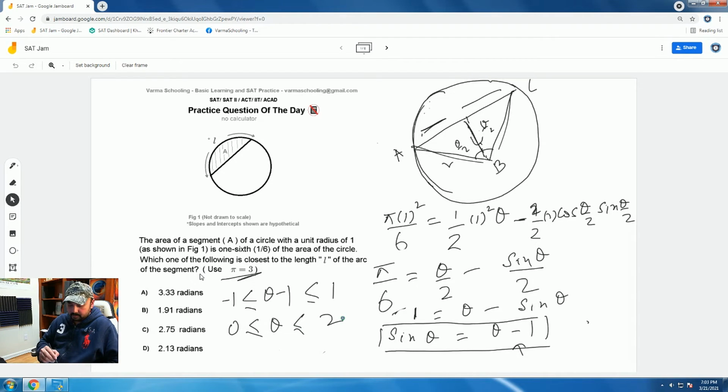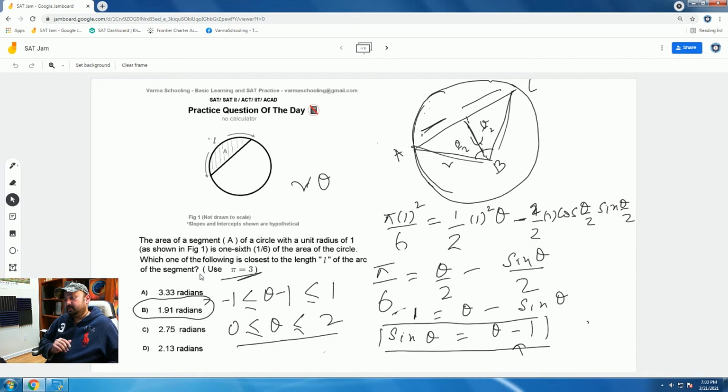Now the formula for the length of the arc is r theta. Theta is less than 2 radians and r is 1, so the only choice that fits our solution automatically becomes your answer.